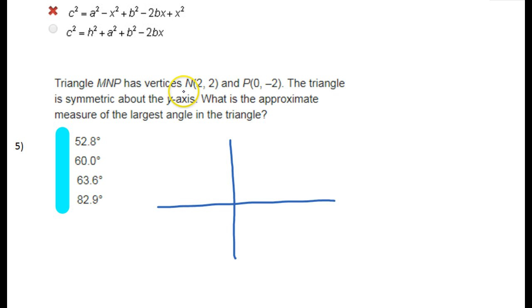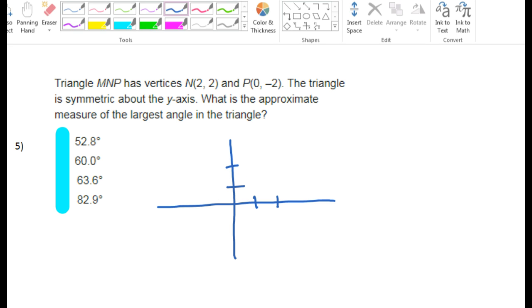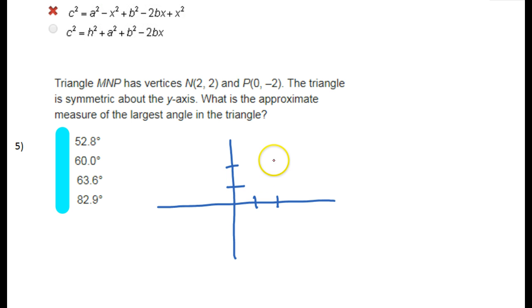Okay, let's see. So we have (2, 2). Alright, so let's get a schematic of that. So this would be (2, 2), and that's point N. And then we have point P is (0, -2).